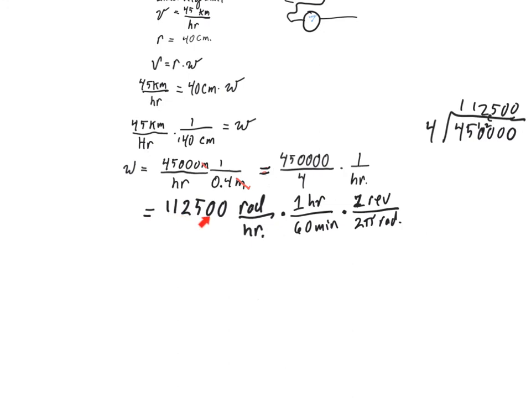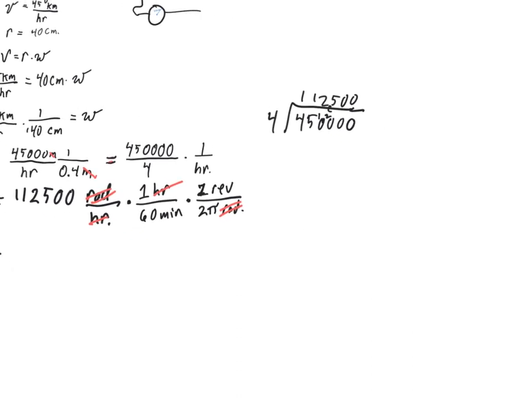Just check if all the digits add up to 3. 1, 2, 3, 4, plus 5 is 9. Yeah, 3 does go evenly in. You know what, though? Okay, that's enough computation by hand. So, let's check that the units cancel correctly. Hours cancel. Radians cancel. I do wind up with revolutions per minute. Let's do this next computation with a computer aid.